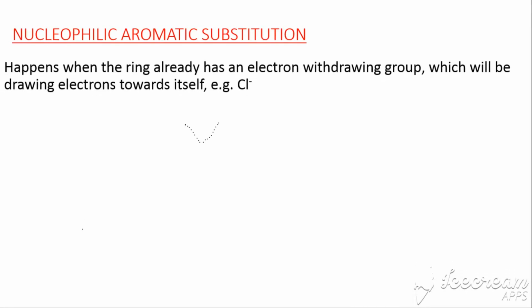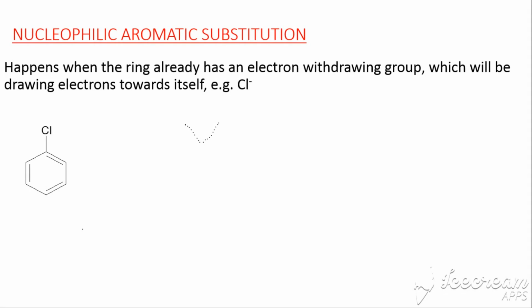For nucleophilic aromatic substitution, this is like the vice versa of the electrophilic substitution. In the electrophilic substitution, the benzene ring was the nucleophile, but now it is the electrophile. This reaction happens when the ring already has an electron withdrawing group, which will be drawing electrons towards itself, like Cl. If I have my benzene bonded to Cl, then we know that Cl is a strong electron withdrawing group.